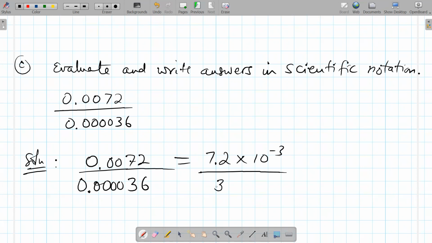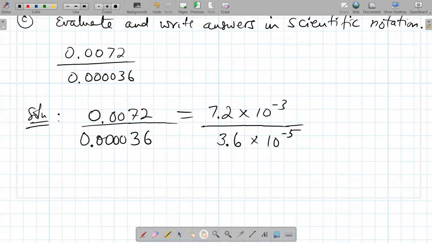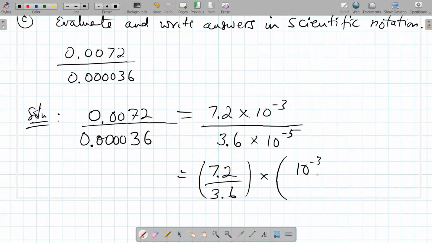That will be 3.6 times 10 to the negative 5. So here is where you have to be very careful. I'm going to combine these numbers as usual. So look at it carefully. Combine my times here, and I also combine these ones here.